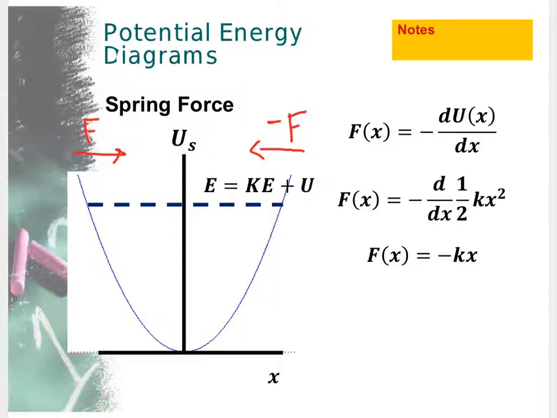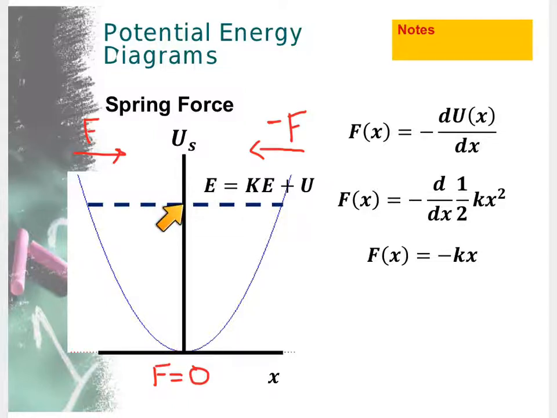When I get down here, my potential energy is 0, and not only is it 0, but the instantaneous slope at that point is 0, so that means that the force is also equal to 0 at this point.